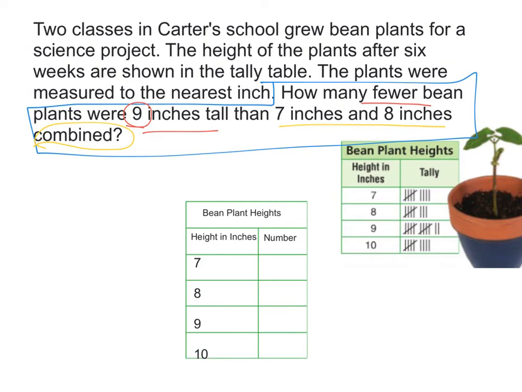So let's go ahead and look at our tallies so we can continue constructing the frequency table. So height in inches, 7 inches. Tally marks would be 5, 6, 7, 8, 9. For 8 inches, that would be 5, 6, 7, 8.